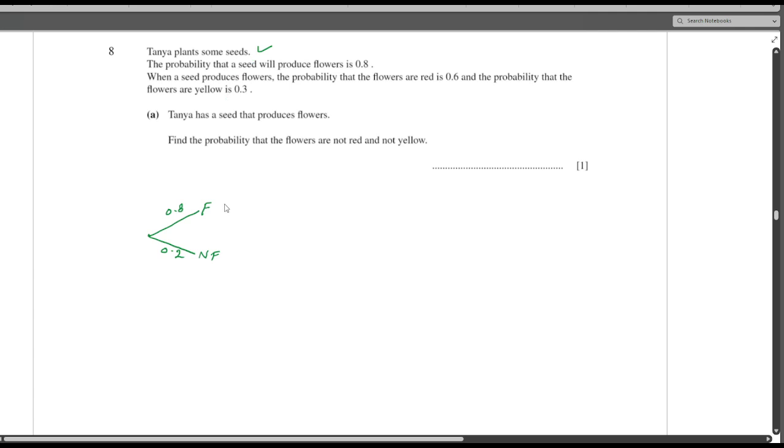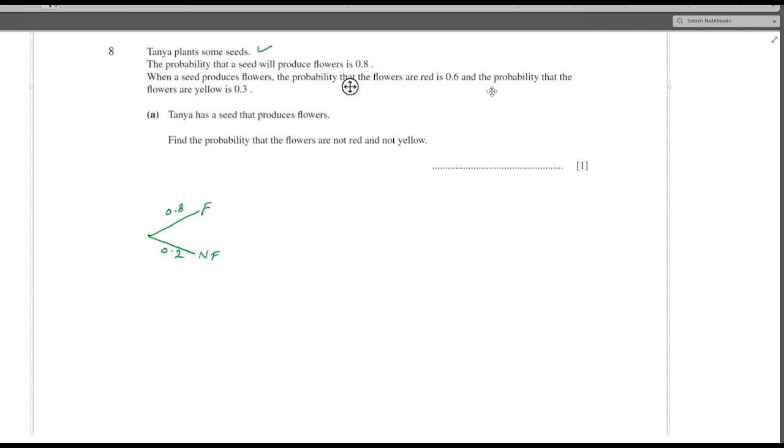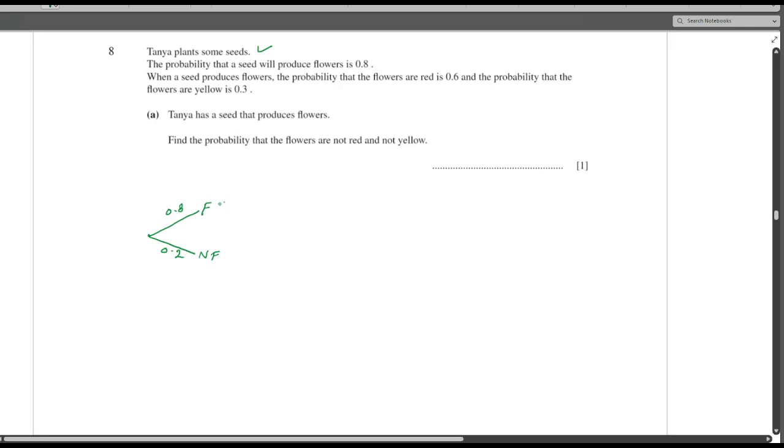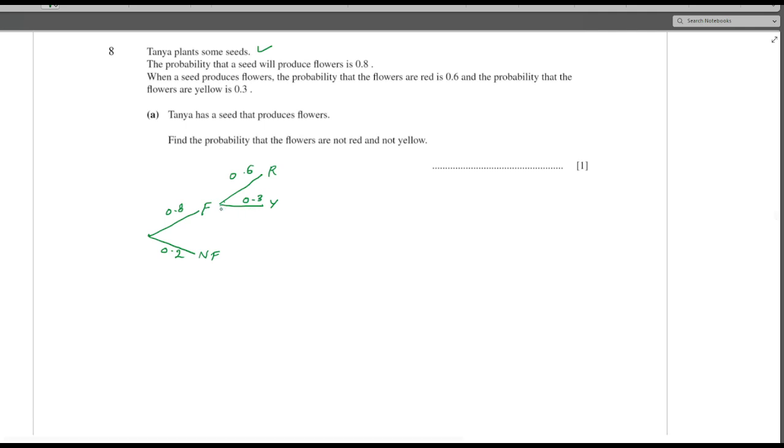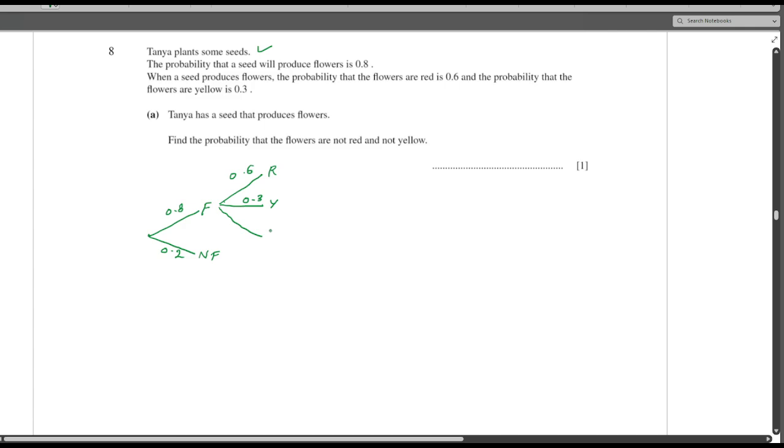Now after producing a flower, when the seeds produce a flower, the probability that the flower is red is 0.6. So the possibility of getting a red flower is 0.6 and the probability that the flower is yellow is 0.3. Now if you see, 0.6 plus 0.3 is 0.9, which means there is another color flower whose possibility is going to be 0.1.